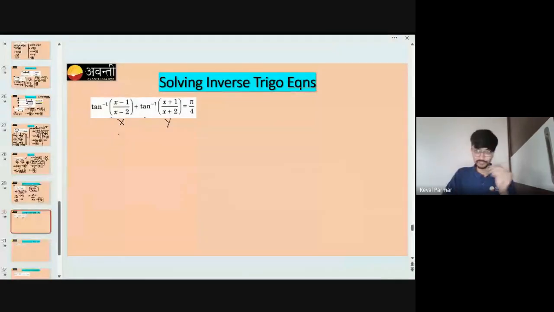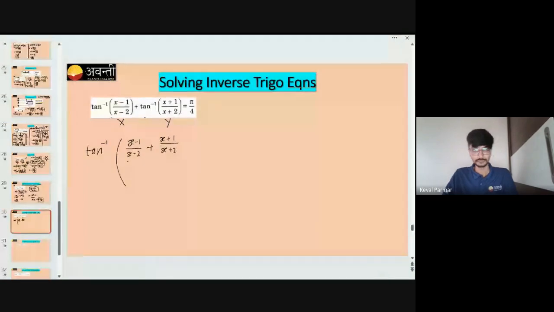There is no need to check xy. I will get tan inverse of x plus y. So x minus 1 upon x minus 2 plus x plus 1 upon x plus 2.